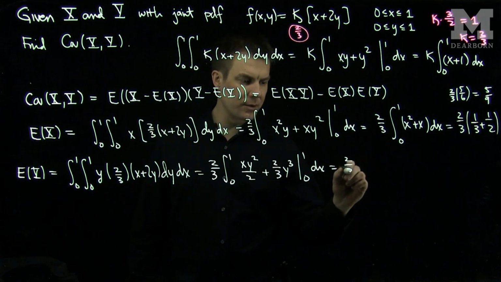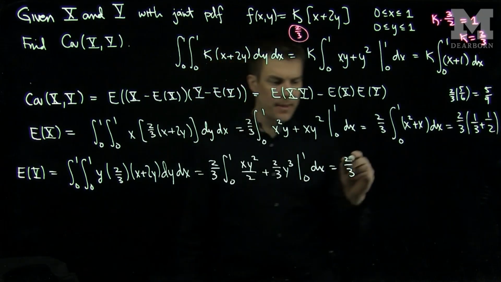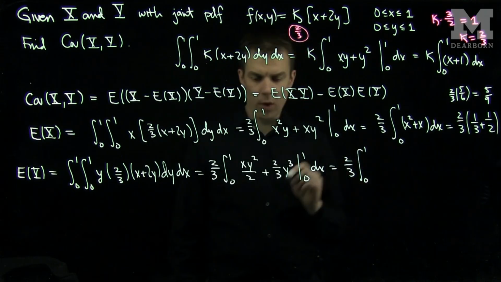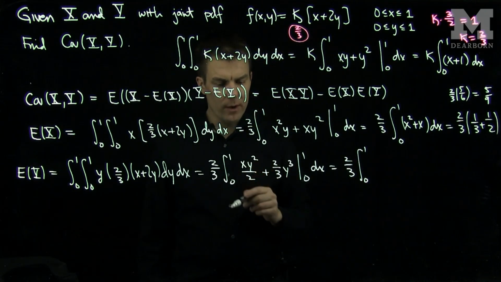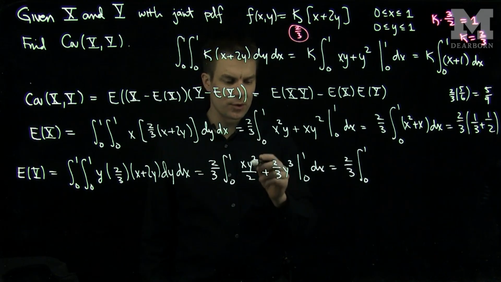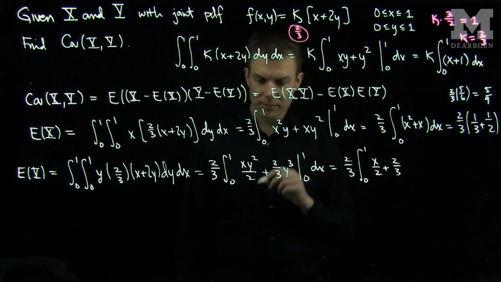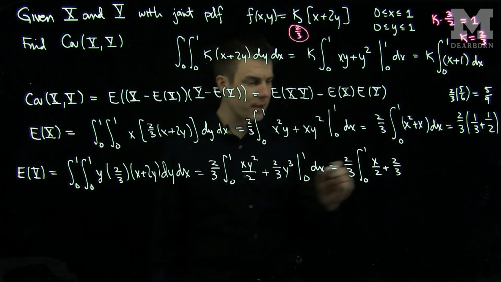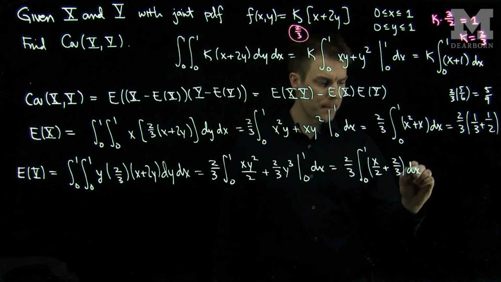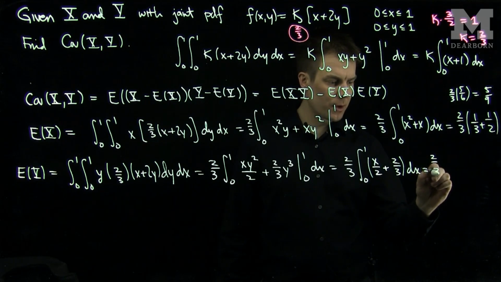So this will be 2/3. And then the integral from 0 to 1. And when I plug in y equals 1 to this, I get x over 2 plus 2/3. When I plug in y equals 0, I get nothing. So I just get a dx. So this will be 2/3.